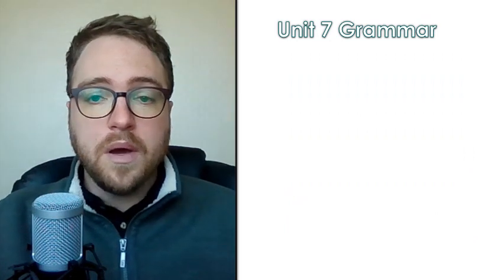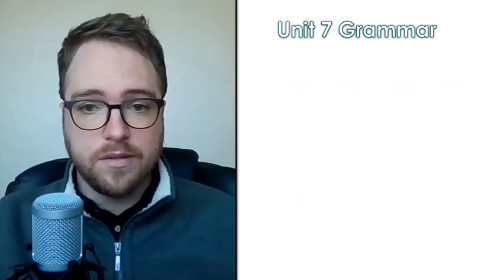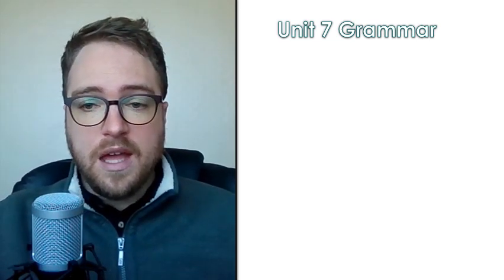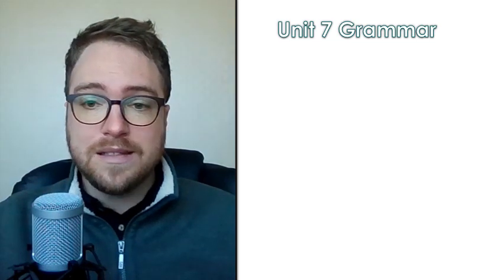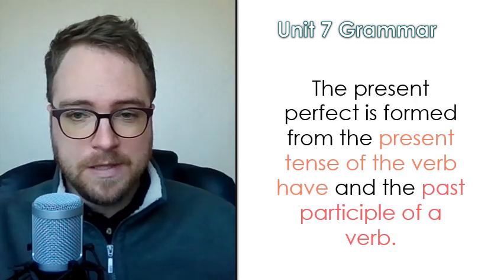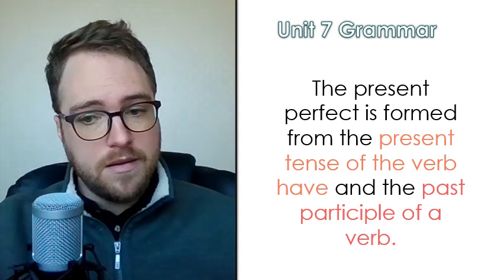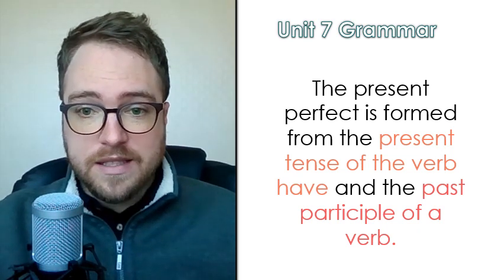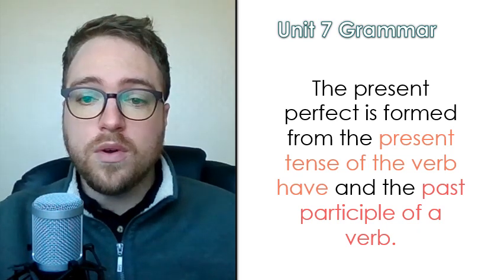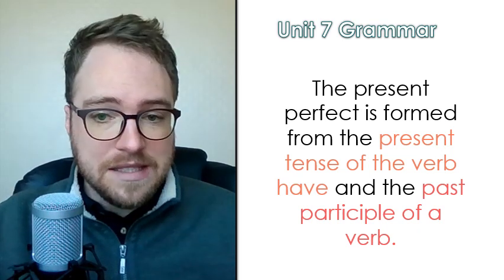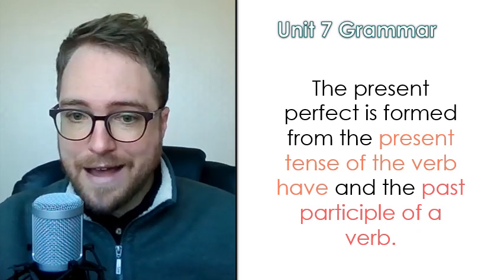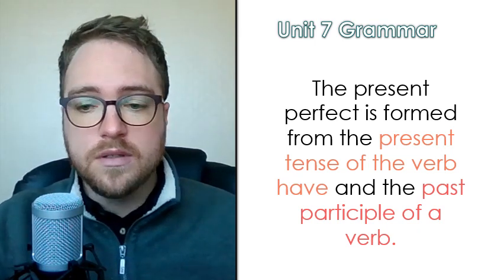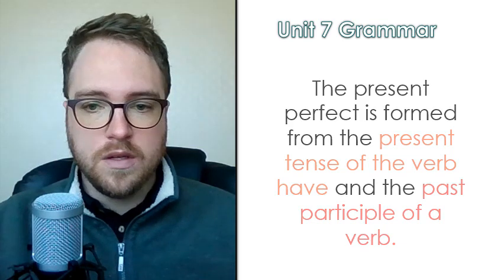All right, so now we're going to talk about the grammar that we learned in this unit, in Unit 7. And we talked about the present perfect, okay? And if you remember what this is, good. But if not, pay attention. So, the present perfect is formed from the present tense of the verb have and the past participle of a verb. Okay?